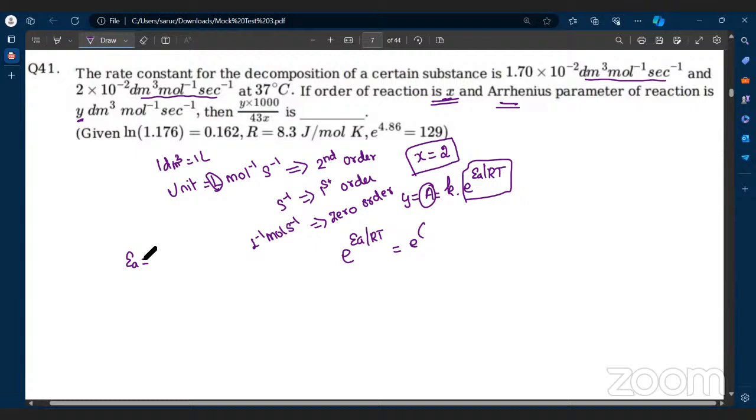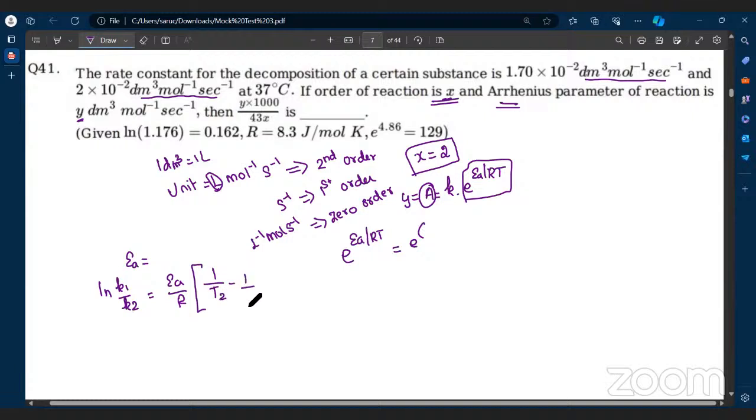So using these temperature terms, you can calculate it, right? So ln K1 by K2 is equal to Ea by R into 1 by T2 minus 1 by T1.